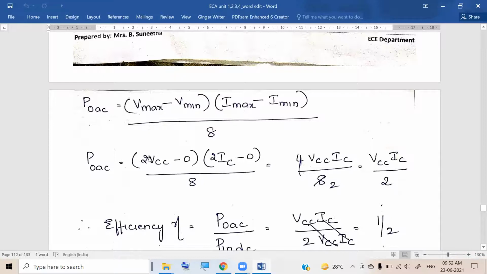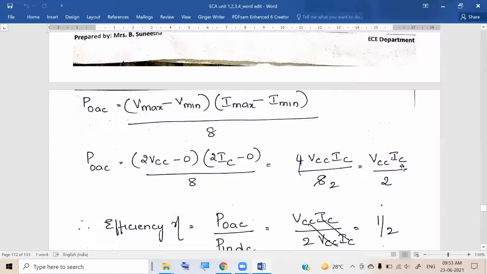So 2 into 2 will be 4. We will have 4 VCC into ICQ. Denominator we have 8, numerator 4. So 4 in 8 goes 2 times, so we have VCC into ICQ by 2.